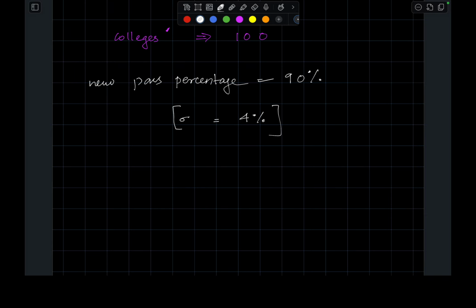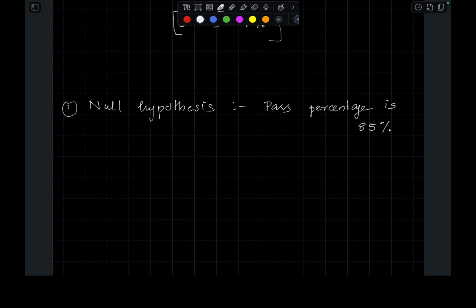So the null hypothesis which we state here will be that pass percentage is 85%. So as I said, this is the initial belief, the information which we had at the initial stage. So we will be sticking with the same information as the null hypothesis, and anything which is opposite to null hypothesis.